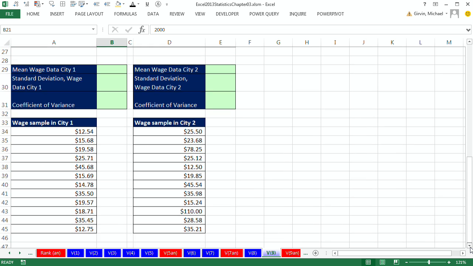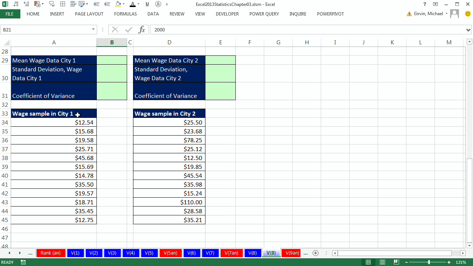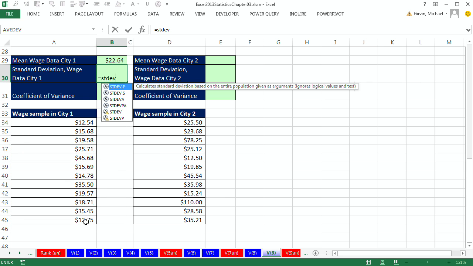Another one is when the means are far apart. So we have wage sample data from city 1 and city 2. Let's go ahead and calculate the average. Highlight the range. And enter. And then the standard deviation.